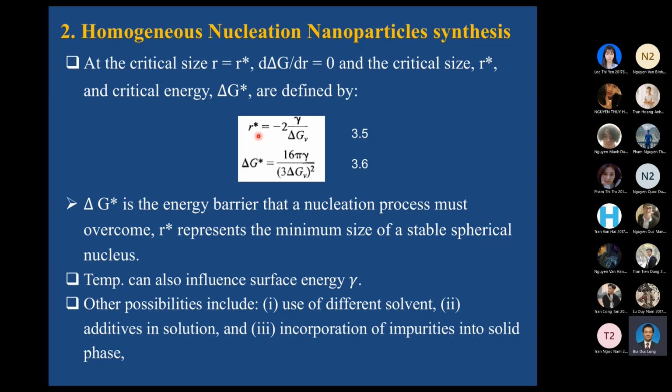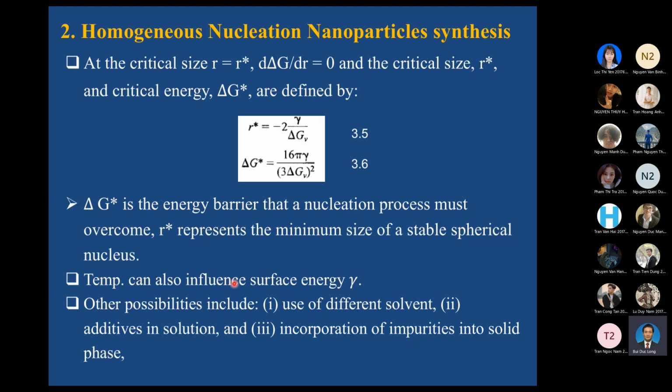ΔG star here is the energy barrier that a nucleation process must overcome, and R star represents the minimum size of a stable spherical nucleus. If smaller, it will dissolve into the solution.